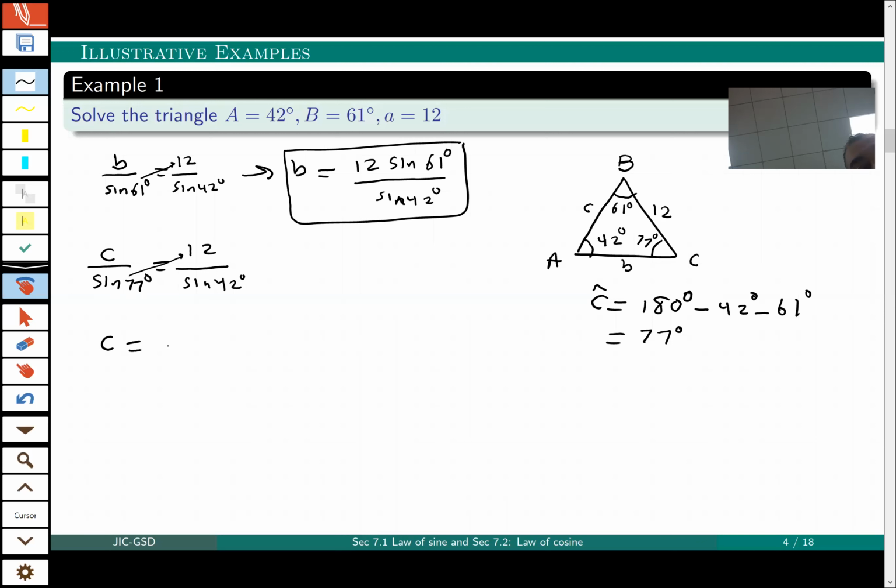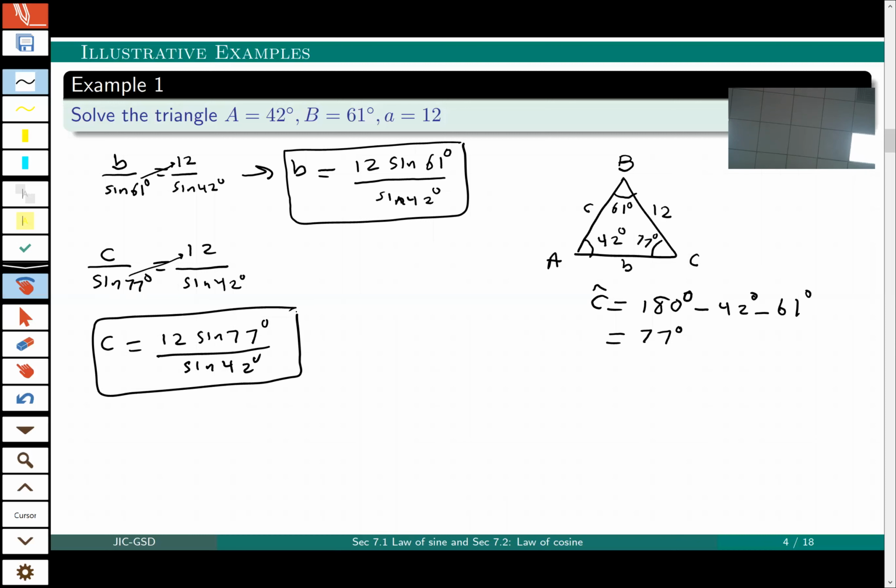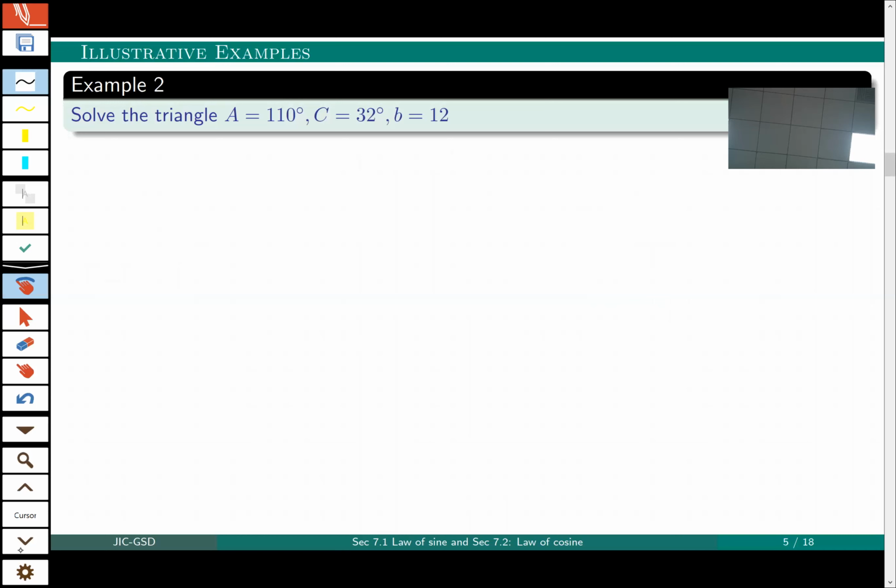So it will be c equal to 12 sine 77 degrees divided by sine 42 degrees. Again, since we don't have a calculator, that will be our answer for this question, and we completely solve the triangle.